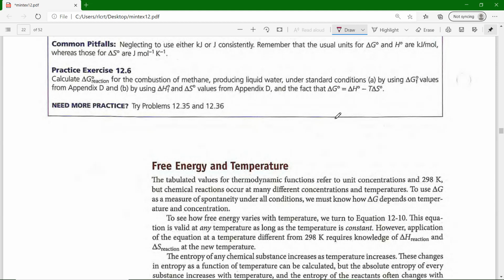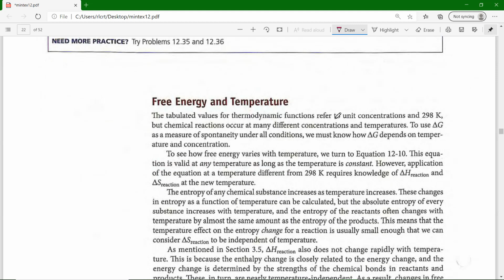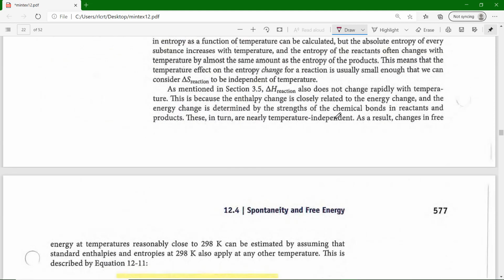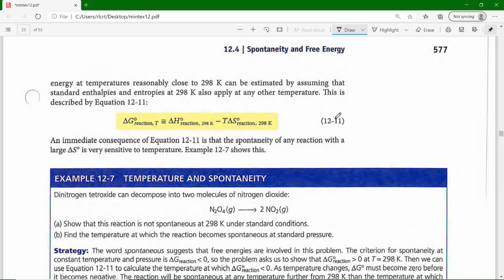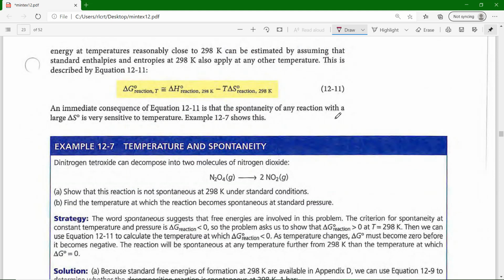So we were talking about free energy and temperature. Let's scroll down a bit. And this is what I was just talking about. So delta G at any temperature can be estimated as delta H naught of the reaction minus T delta S naught of the reaction, where the delta H naught of the reaction is determined at 298, and delta S naught at 298.